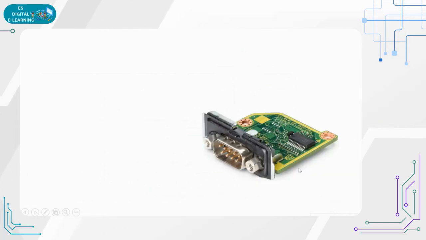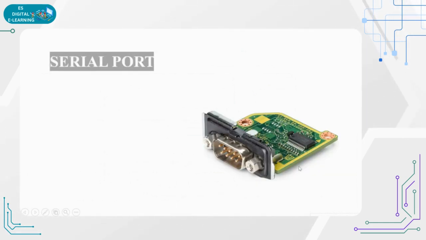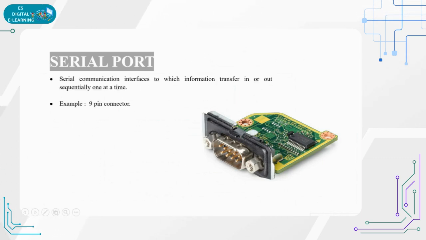Next we have the serial port. The serial port in real time is seen as DB9 pins. Here we have a 9-pin connector, which is used for exchanging information.